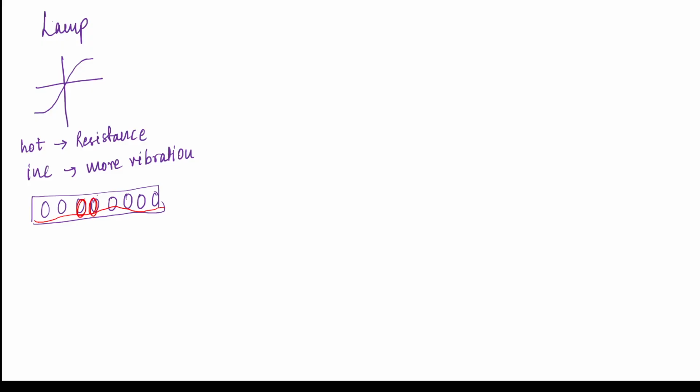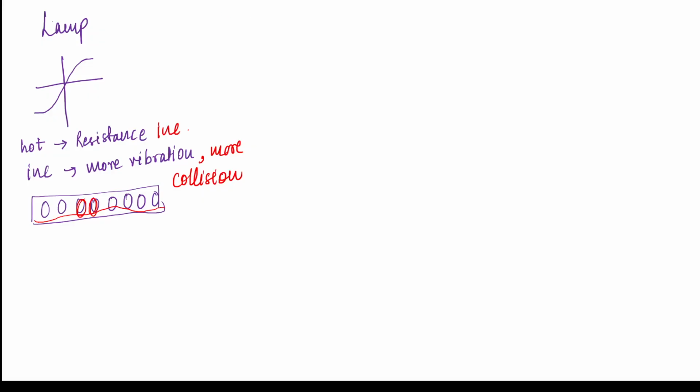It collides more, it loses energy, flows less current, high resistance. So more vibrations, more collisions, these would be the words which you would be using, and hence resistance increases. And that's why, because resistance is not constant, the graph is not a straight line.